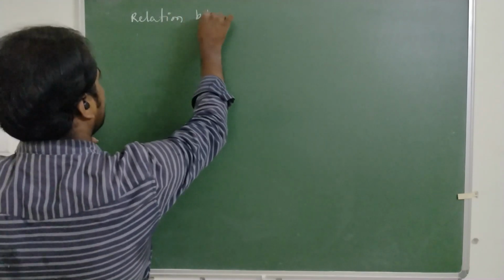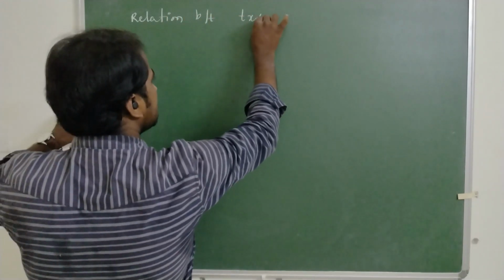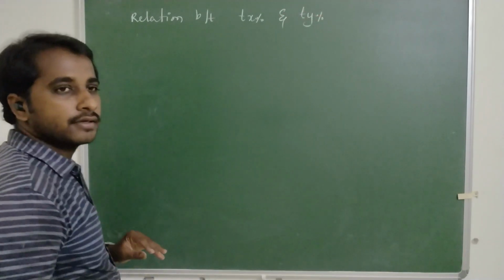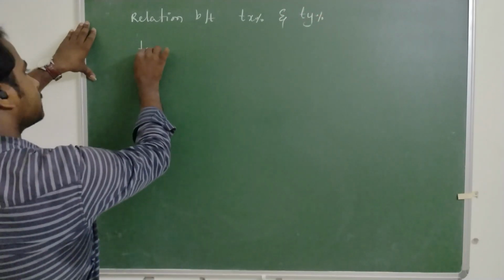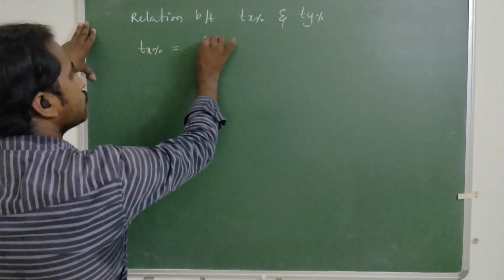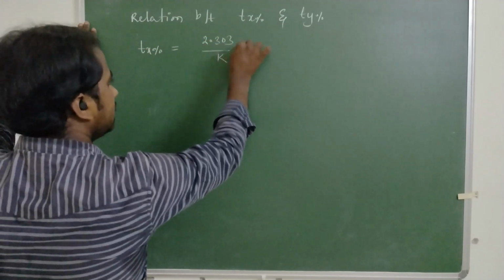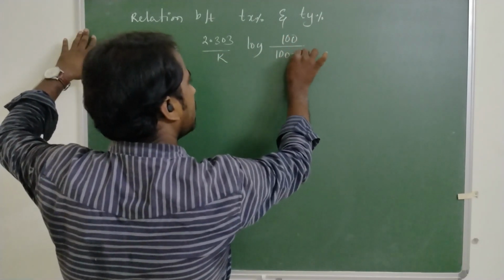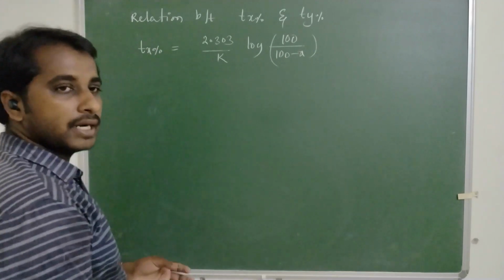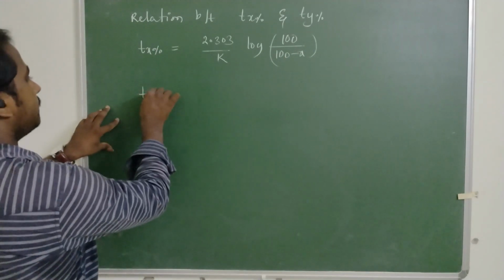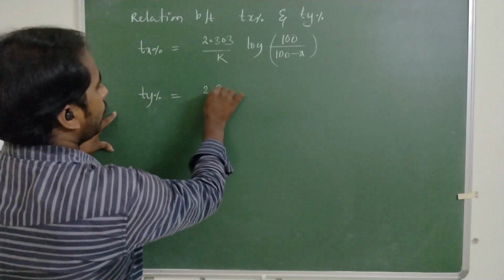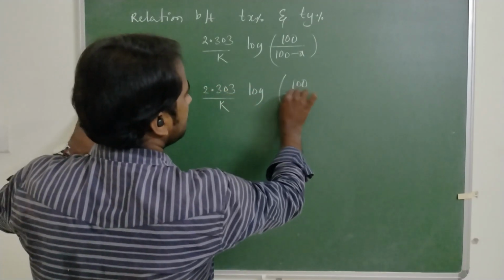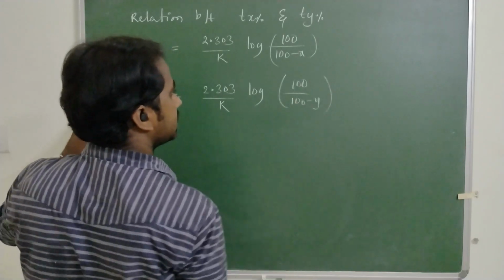Relation between t x percentage completed and t y percentage completed. So now t x percentage completed is, in the sense, 2.303 by k log 100 by (100 minus x), where 100 is the initial concentration. Now t y percentage completed is 2.303 by k log 100 by (100 minus y percentage).